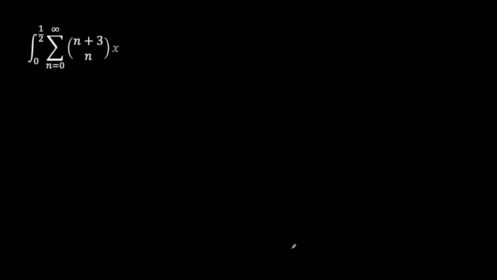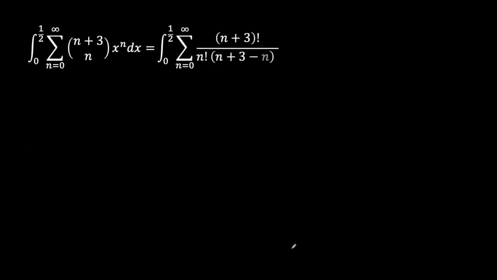And so still focusing on the binomial coefficient, what happens is that n plus 3 factorial obviously would mean that values of n and below would cancel out with what we have in the denominator.